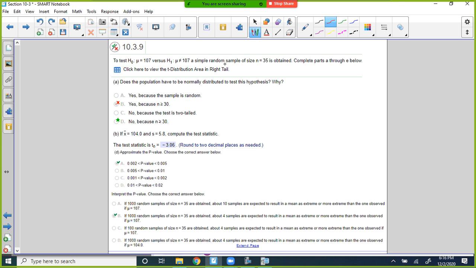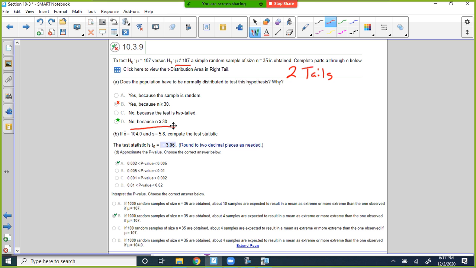So 10.39. Here's all of our stuff. The hypotheses, they gave them to us, right? The null hypothesis, and then the alternative hypothesis. It says not equal, so guess what? That is a two-tailed distribution, right? Two tails. See that right there? Now, does the population have to be normally distributed for the test, and why?